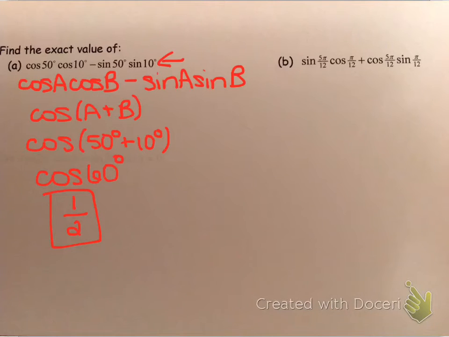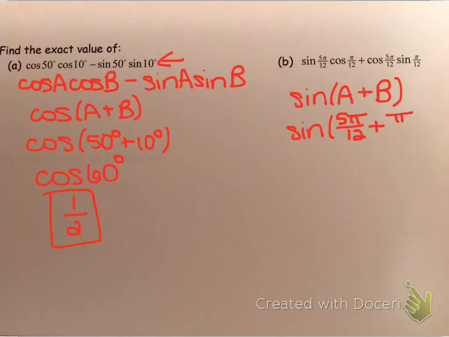Ideally I'd like you to pause it for just a second and try the next problem that's just like it: match it to an identity and see what it becomes. Hopefully you paused it and gave it a shot, and hopefully what you figured out is that the identity that it matches is sine of A plus B, and the angle that they had plugged in for A was 5 pi 12ths and B was pi 12ths.